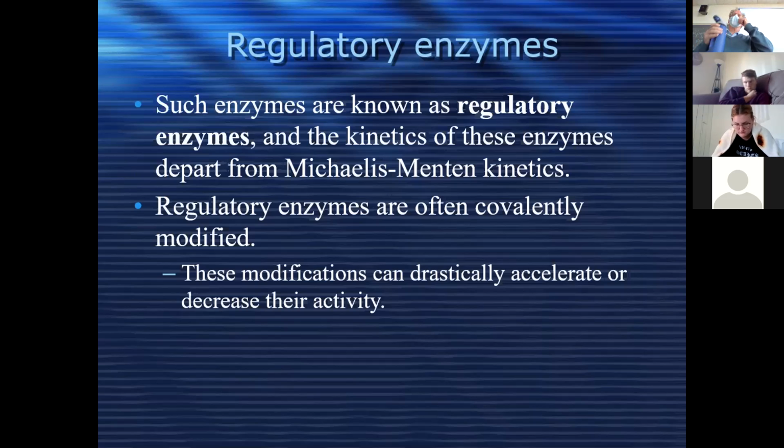That covalent modification can often affect the way they engage with their substrate, and it can also cause them to depart from Michaelis-Menten kinetics. Instead of a regular hyperbolic curve, you make it a sigmoid curve, so that the enzyme only works now at very high substrate concentrations. That's one type of modification you may see.